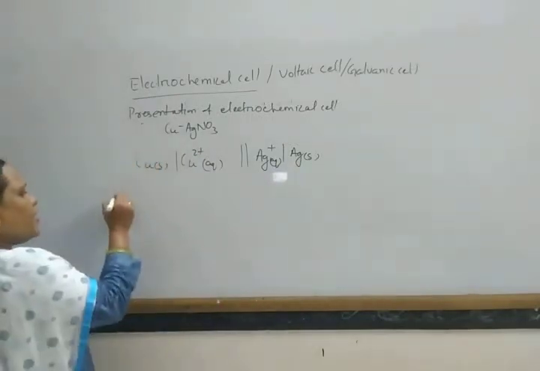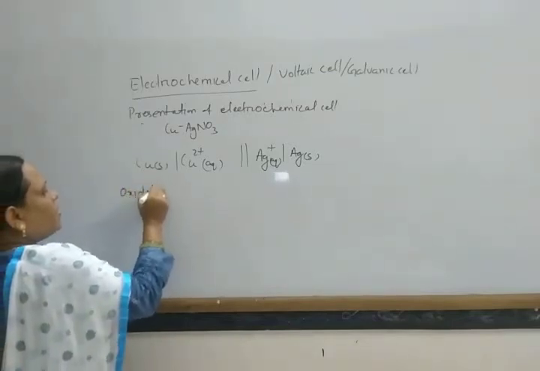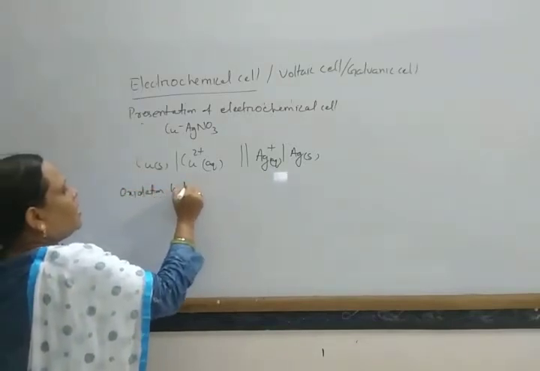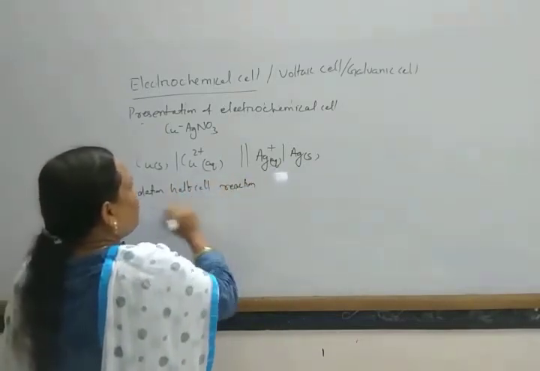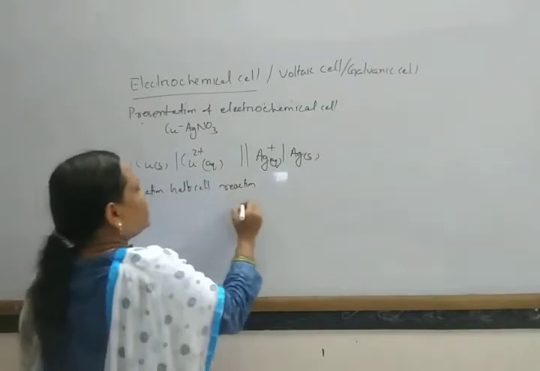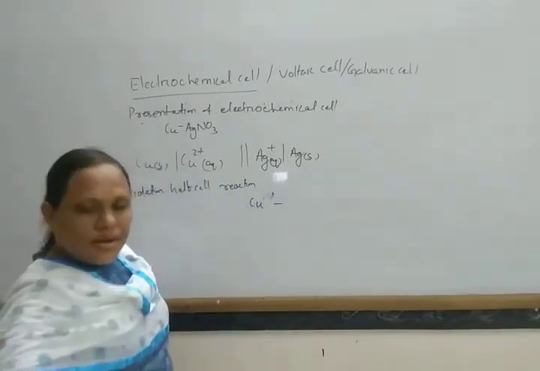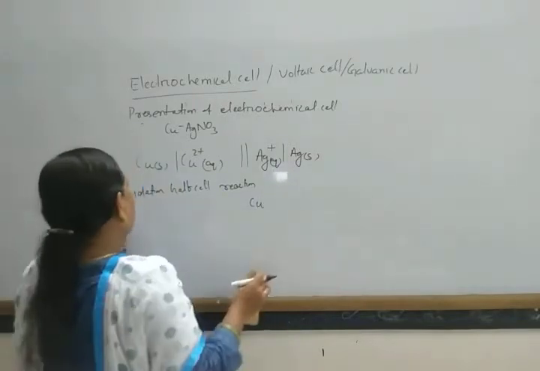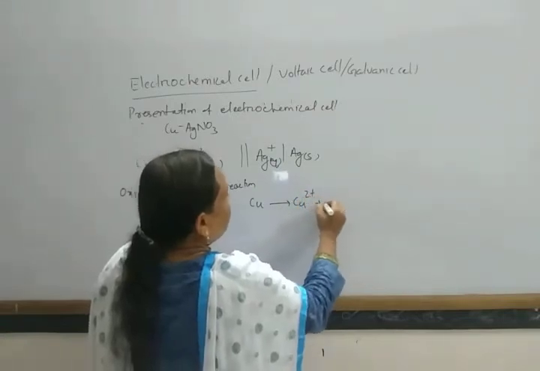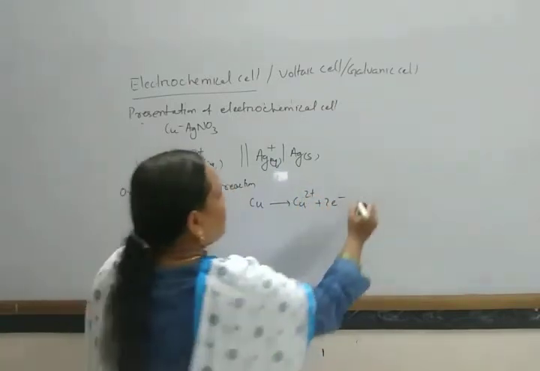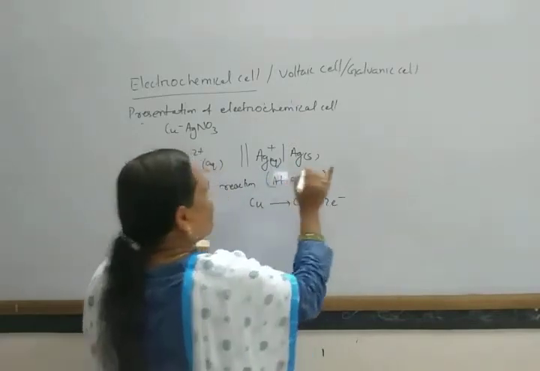And what is the cell reaction? The oxidation half cell reaction: here copper loses electrons, oxidation, Cu gives rise to Cu2+ plus 2 electrons. That is at the anode.